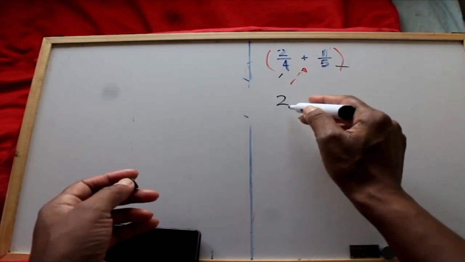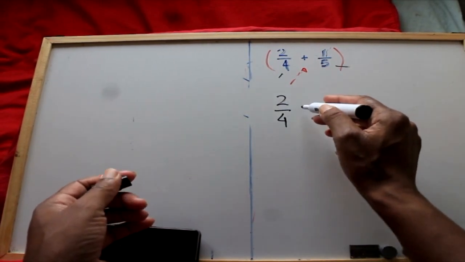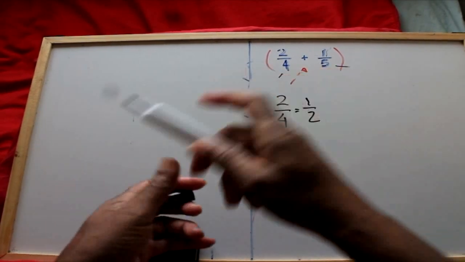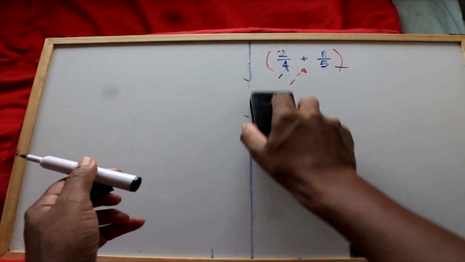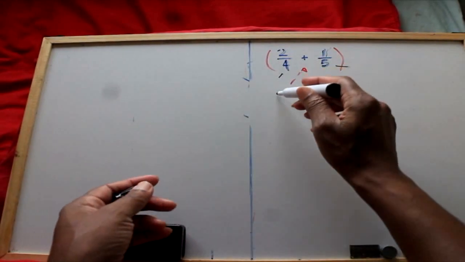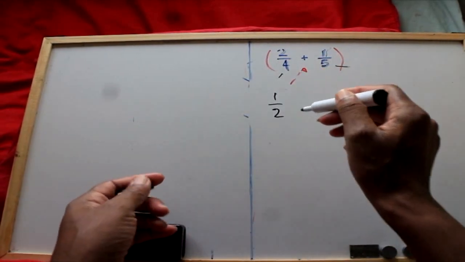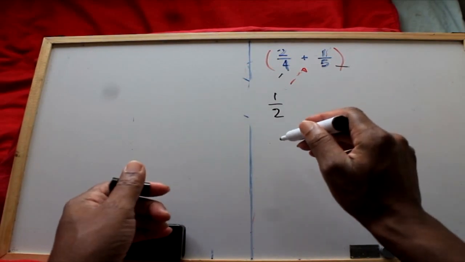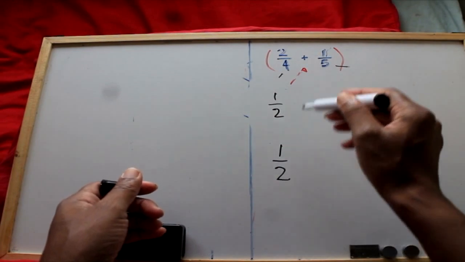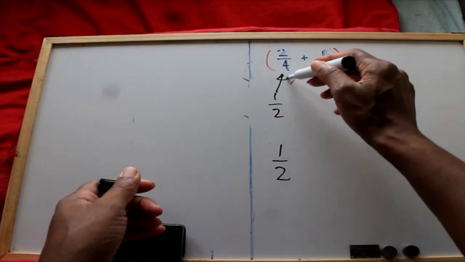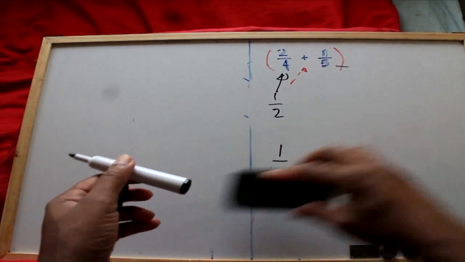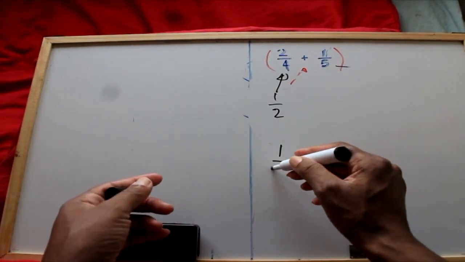Remember, 2/4 is exactly the same as 1/2, right? So let's start with 1/2, and down here let's put 1 over 5.